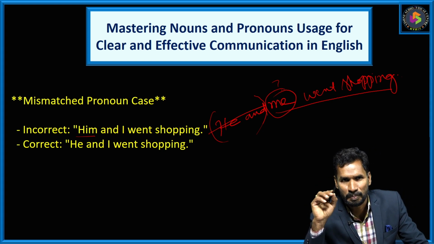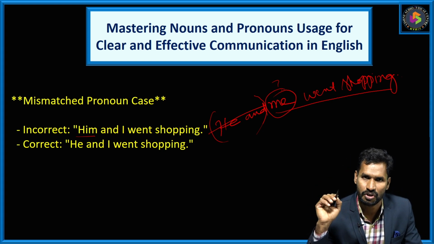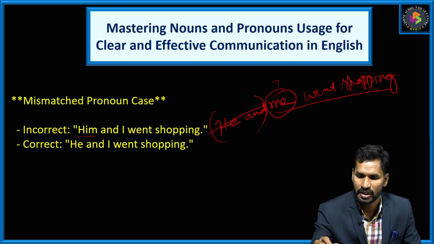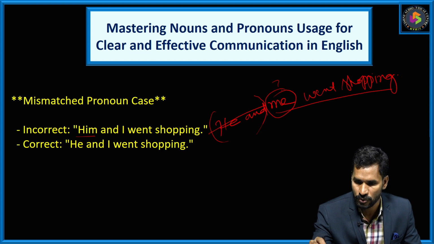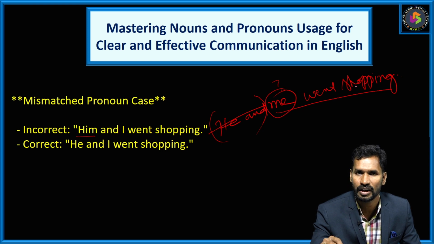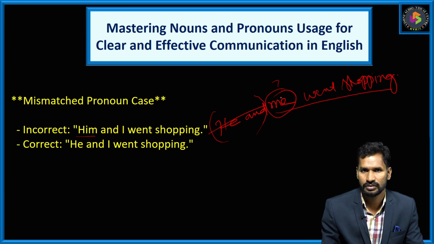The objective case, that means me, cannot be the subject of the verb. If you want to use the objective case, you have to use it in the predicate, after "went." But in the subject place, you cannot use "me" as a subject.